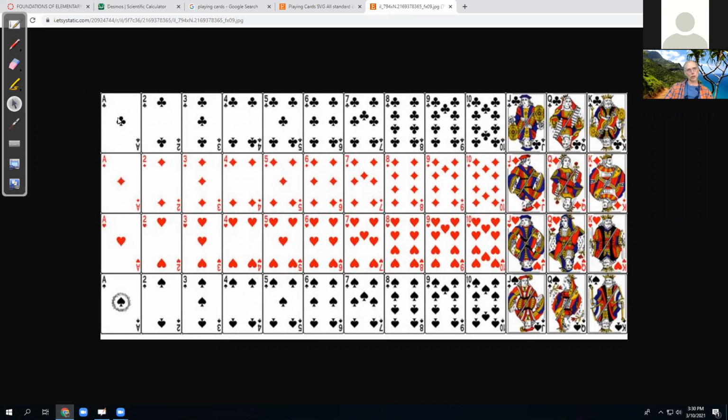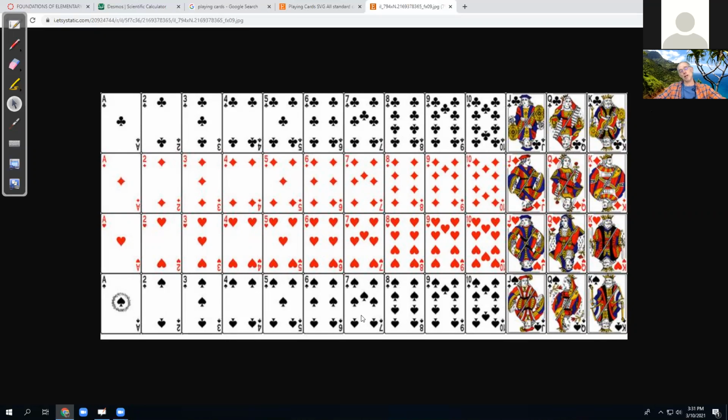There is one marker on an ace, so ace is like a 1, and then 2 has 2 marks, 3 has 3 marks, moving on down to 10. So we can call them 1 through 10 or ace through 10, and then we have the royalty, the jack, the queen, and the king. So we have 1 through 10 plus jack, queen, king, so there's 13. These are clubs, these are diamonds, these are hearts, these are spades.